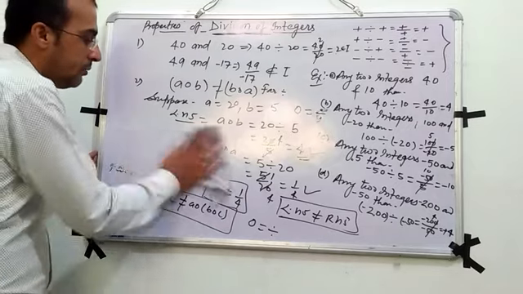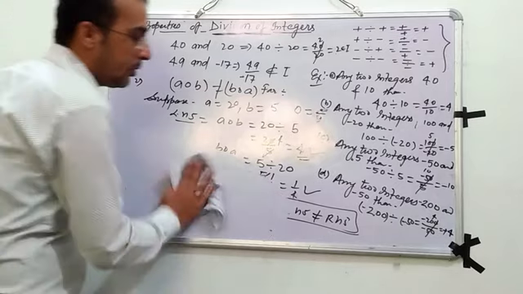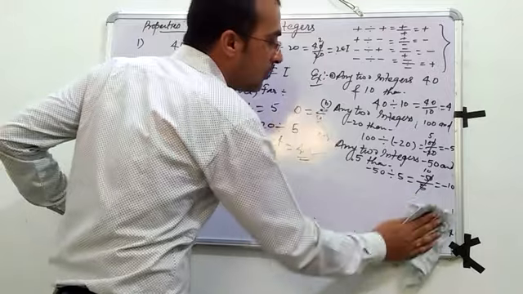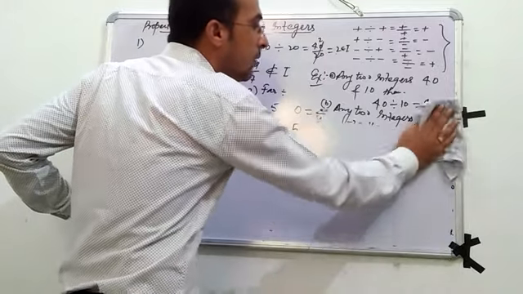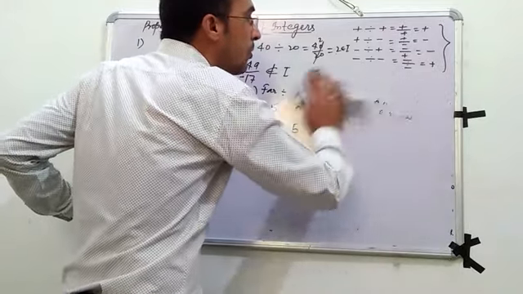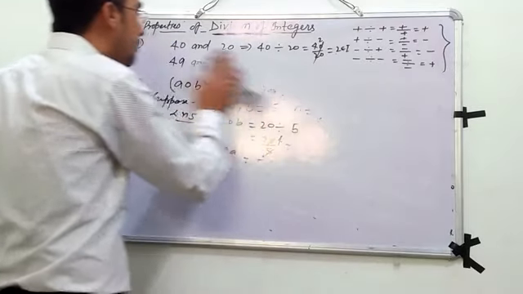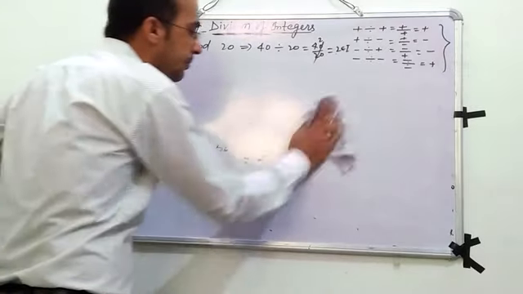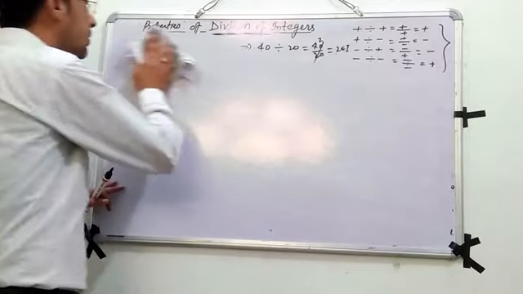Now the next property is the zero property. Any number divided by zero, what will be the result? Zero property.